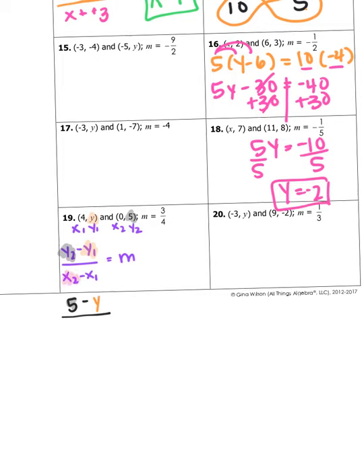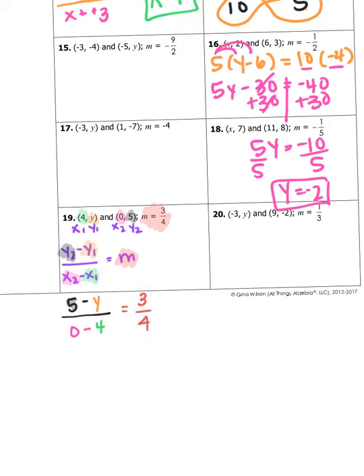Then it wants me to do x2, which is my 0, minus x1, which is 4 in this problem. And it equals the slope. It equals m, which they gave me was 3/4.